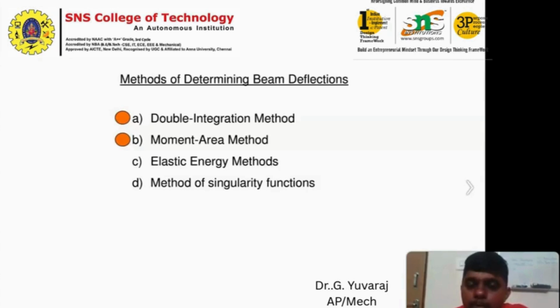With the help of these two methods we analyze the deflection levels and point out where exactly the deflection occurs in the given beam, whether it is a simply supported beam or a cantilever beam. We will calculate using these two methods in our upcoming studies.